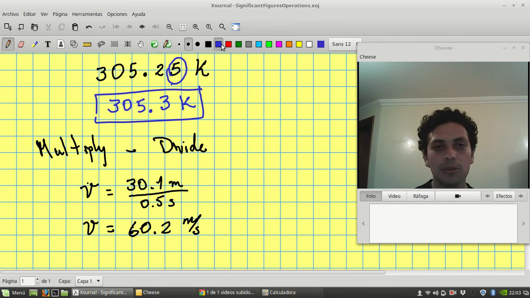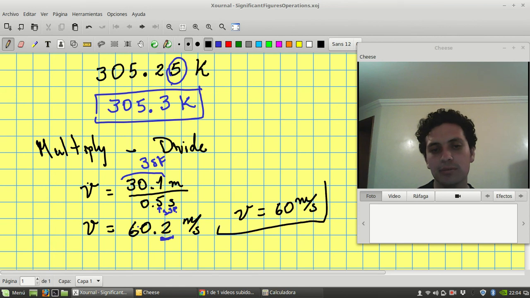This number, the displacement, has 3 significant figures, and the time just has 1. So my answer can just have 1 significant figure. I have to round this 2. So the speed or the velocity is going to be 60 meters per second.